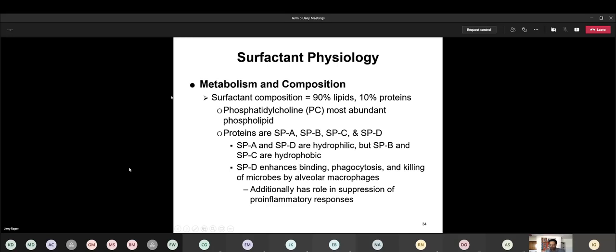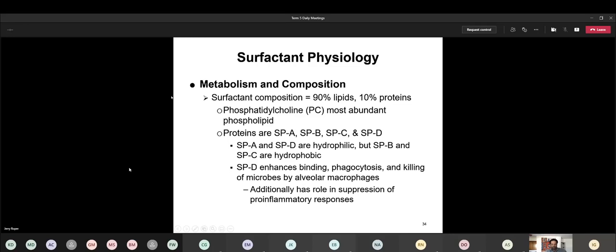Now, when you look at what surfactant really is, with that hydrophobic end and the hydrophilic tail portions, most of it is just going to be fats. It's about 90% lipids, and then about 10% is going to be the proteins. As far as the PC, the phosphatidylcholine, that is the majority of what surfactant is made up of.